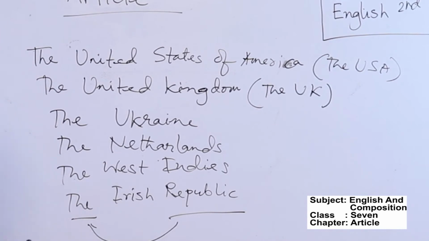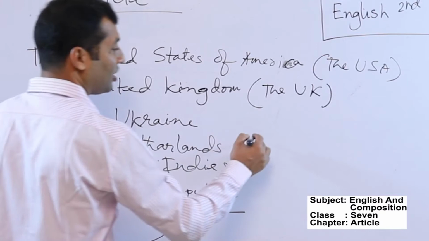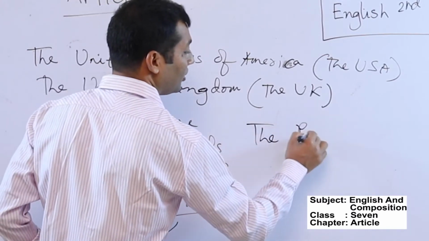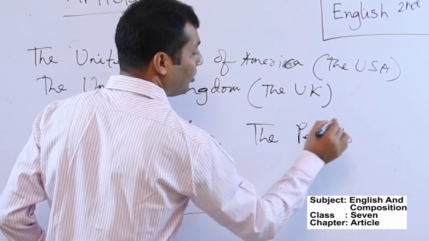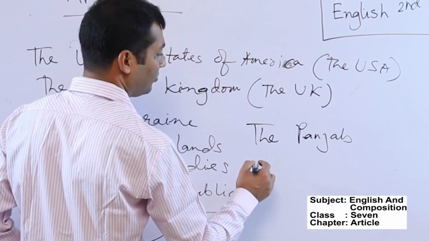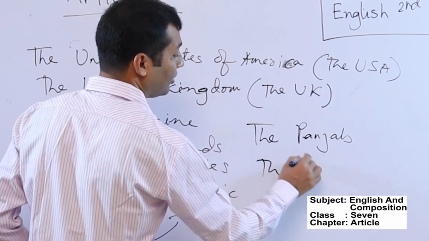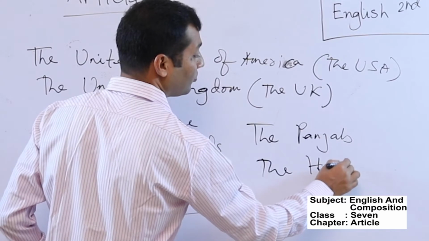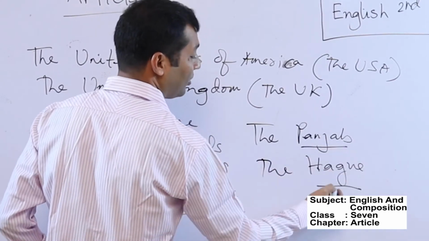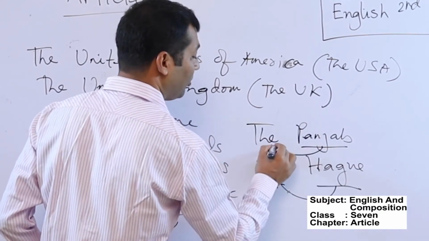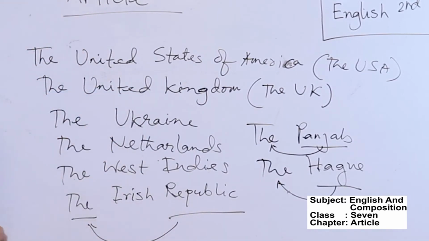And there are two other places, the Punjab and the Hague. These two places also take the article "the" before them. So these are some common countries which take the article "the" before them.